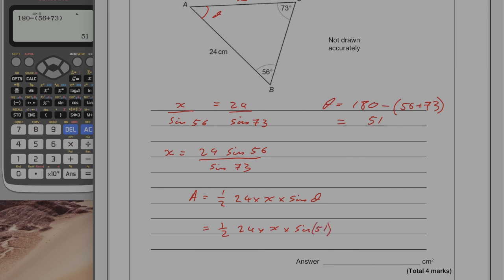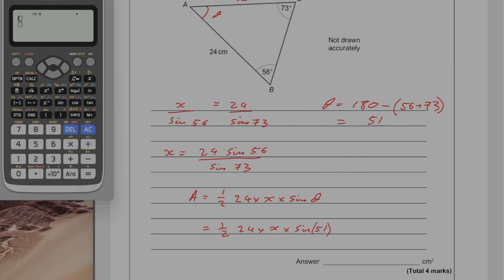Let's work out x. 24 lots of sine 56 divided by sine of 73 is going to give me that. So my value for the area is going to be 0.5 times 24 times my last answer times sine of 51.